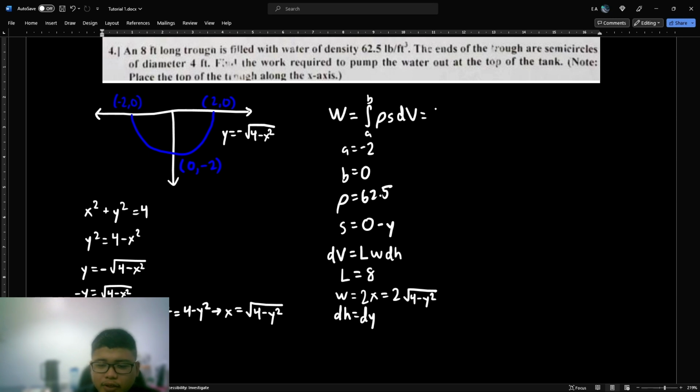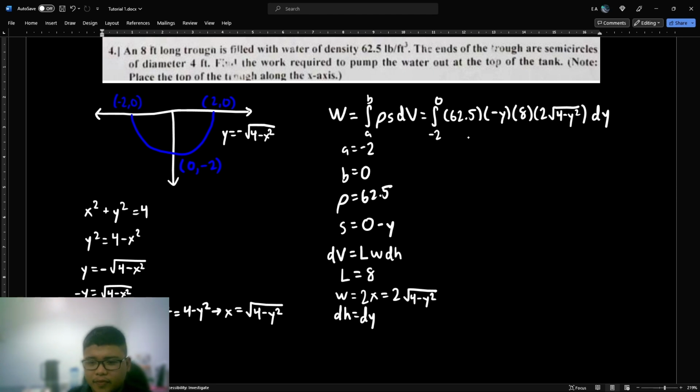So, substituting, we would get the integral from negative 2 to 0 of 62.5 times 0 minus y, which is negative y, times 8 times 2 square root of 4 minus y squared dy. Let's take out all of the constants already.